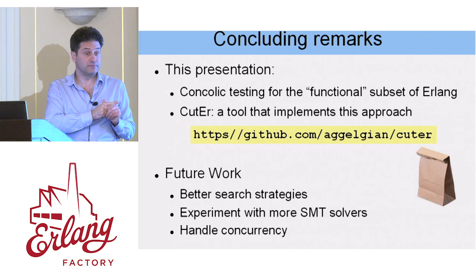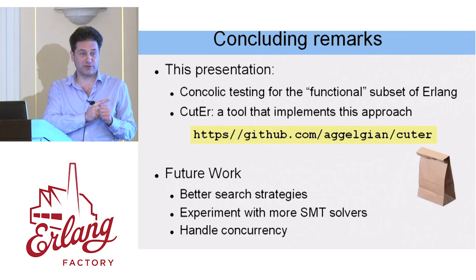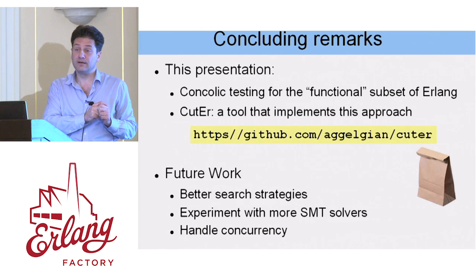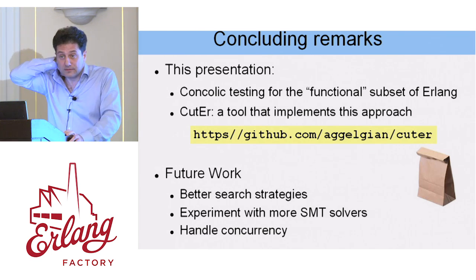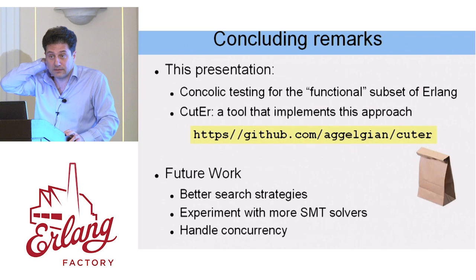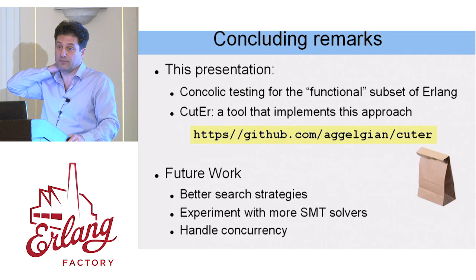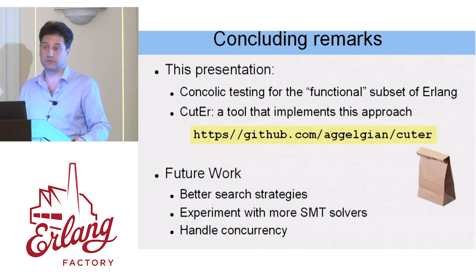Are you interpreting BEAM code, or using debugging code, or what? How are you interpreting that? We are working at the level of Core Erlang. So actually, in principle, this could work for Elixir also. We have no plans of supporting that, but we welcome contributions from users.